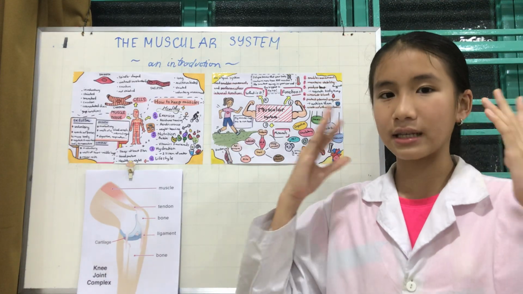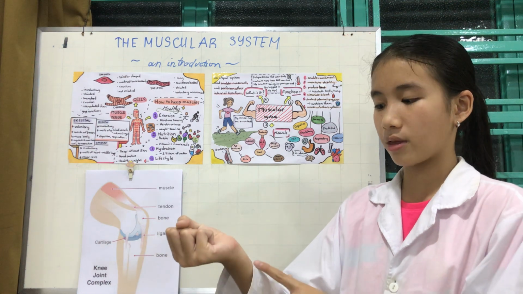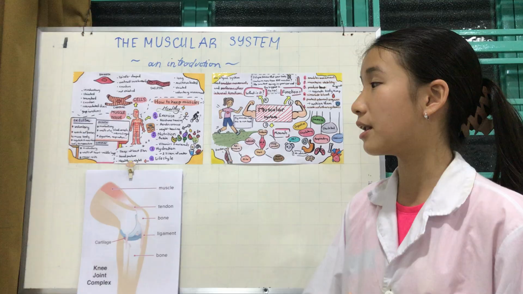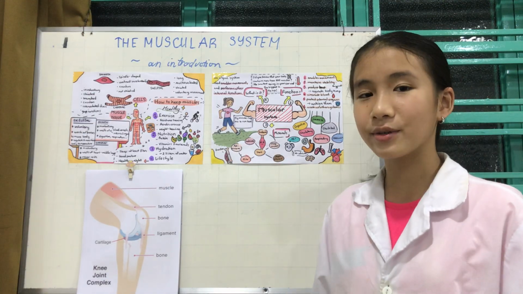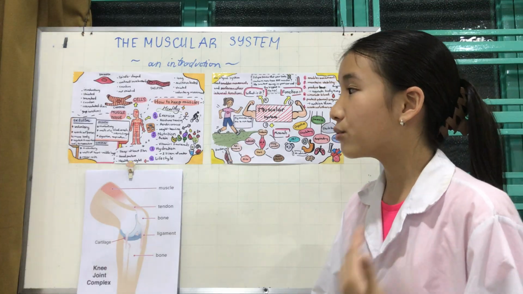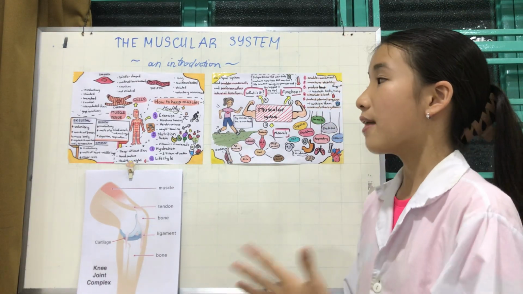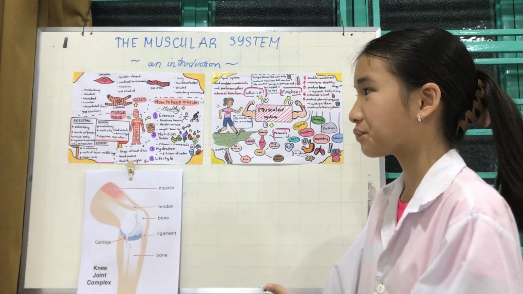Our brain will send signals to our muscles so that we can coordinate with our bones and help us to move. It will work with the bones to move the body, of course, and it regulates and maintains body temperature through those movements. So that is the skeletal muscle tissue.